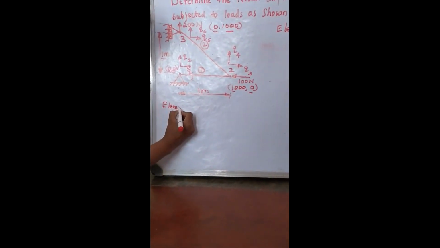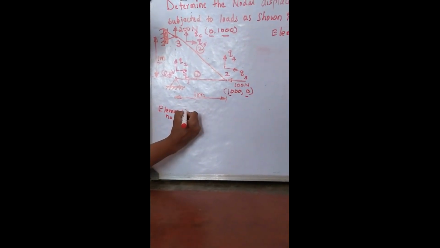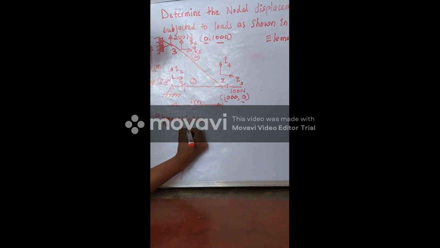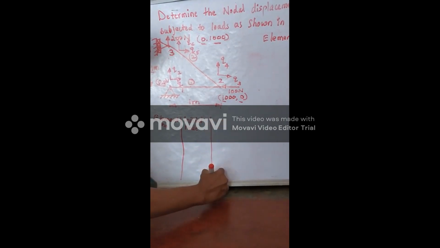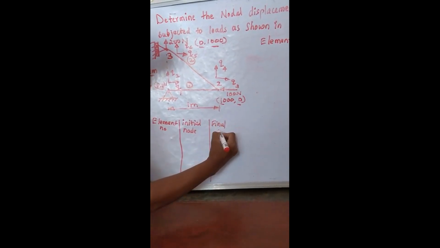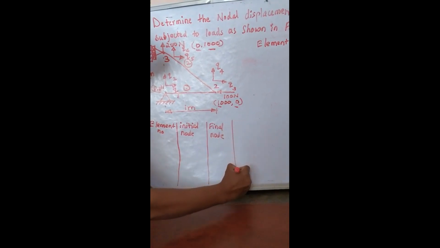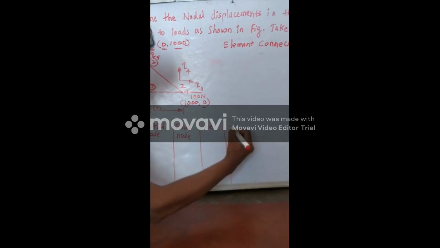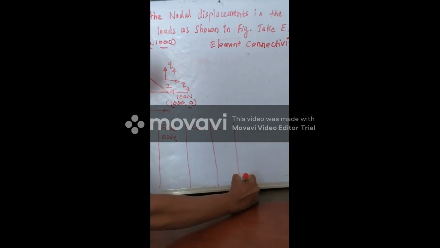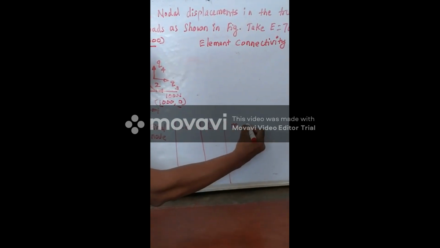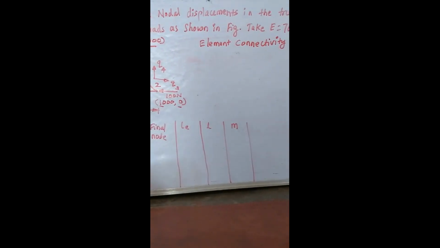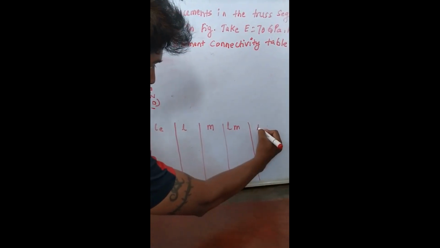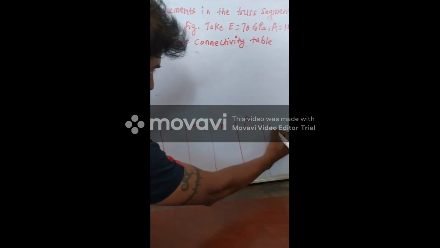We write element number, initial node, final node, length of the element, which can be represented as LE, and direction cosines L, M, L into M, L square, M square.